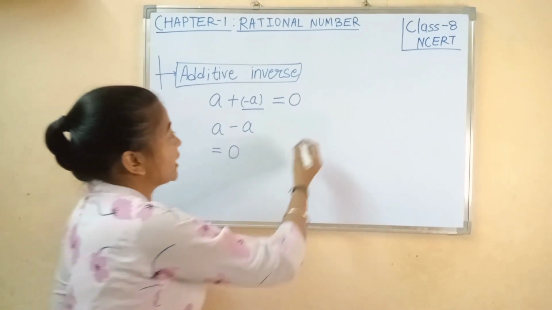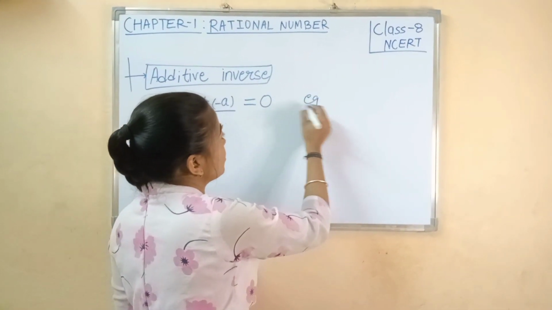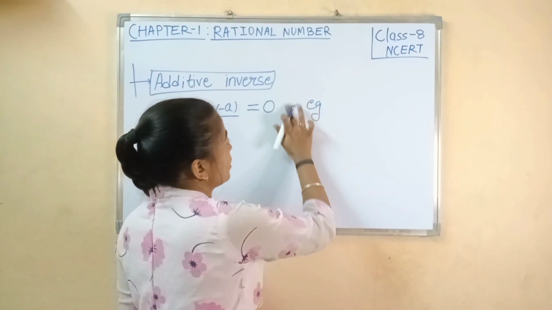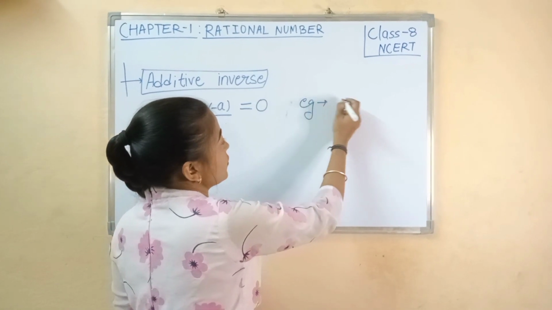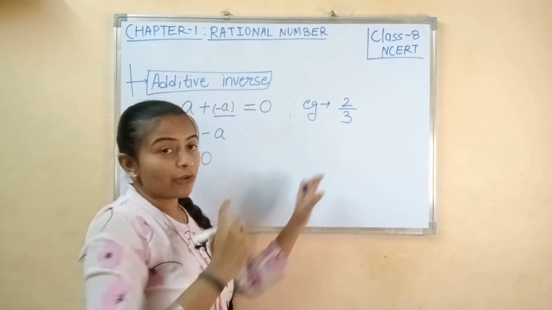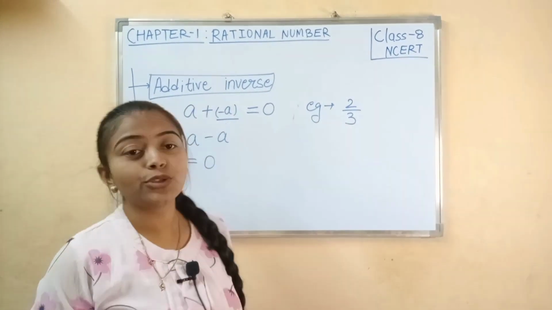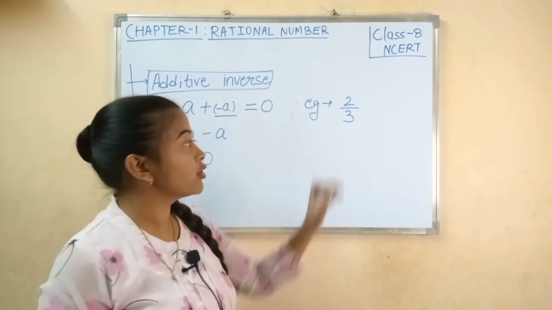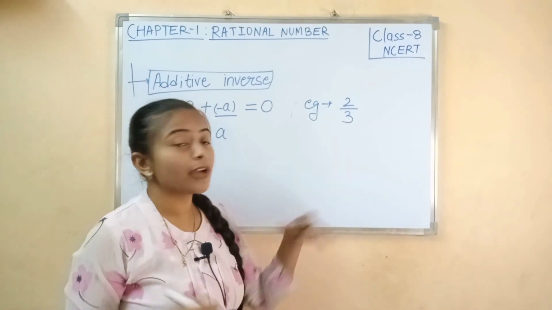So let's take an example of it. We have taken a rational number, 2 by 3. We have to find the additive inverse of this 2 by 3. What should be added to 2 by 3 so that it becomes 0?